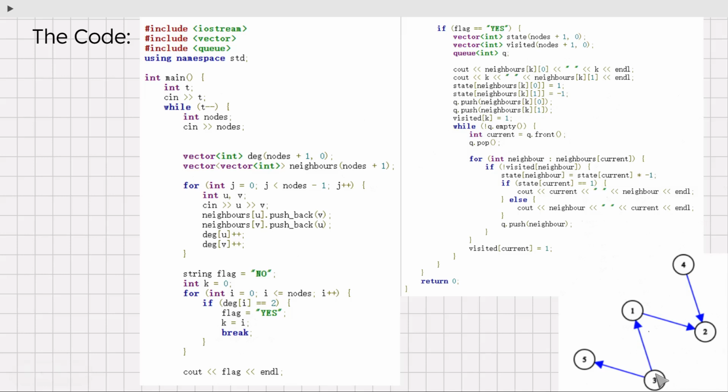Node 3 has been assigned to be the incoming neighbor, and node 2 the outgoing neighbor. The states of these two neighbors will be recorded: 1 to show that it is purely outgoing, which in this case corresponds to node 3, and -1 to show that it is purely incoming, which corresponds to node 2. And we'll push both these nodes into the queue because we have not visited them yet.